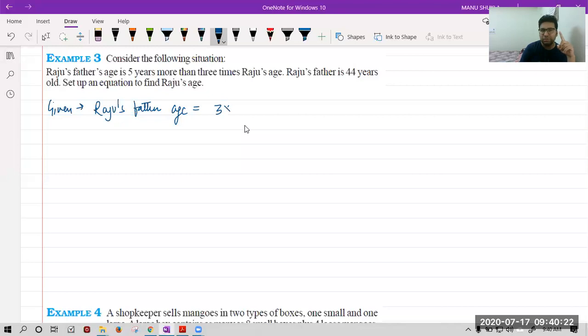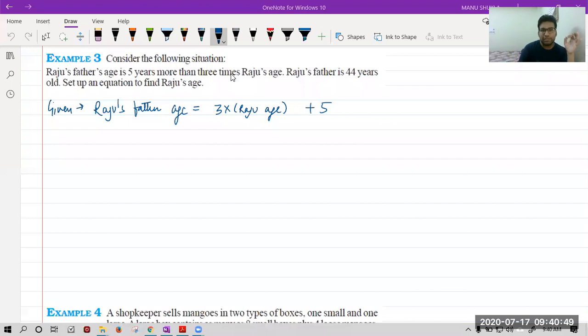So 3 times Raju's age plus 5. I hope this much is clear to you. I have not written the equation right now. I have just written what is given to me.